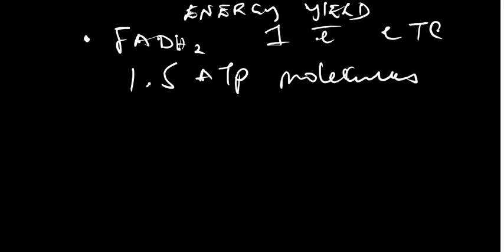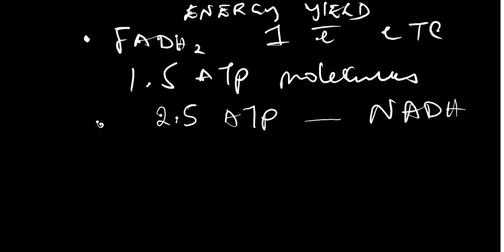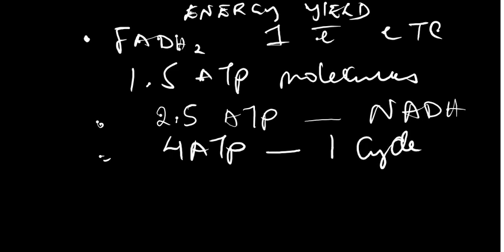However, 2.5 ATP molecules are yielded when NADH is the one donating the electrons. So there is a total of 4 ATP molecules per cycle. For every cycle of fatty acid oxidation, we have 4 ATP molecules produced.